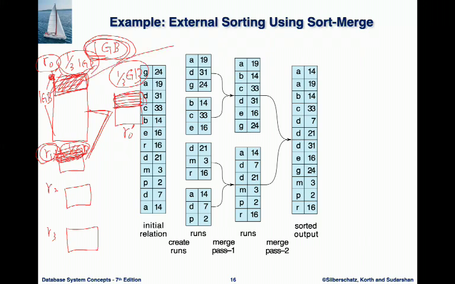So for each run, you can have almost one disk seek for this much data. So this technique is called buffering.